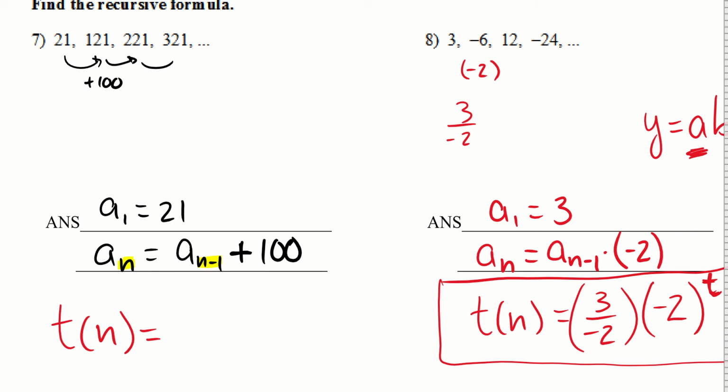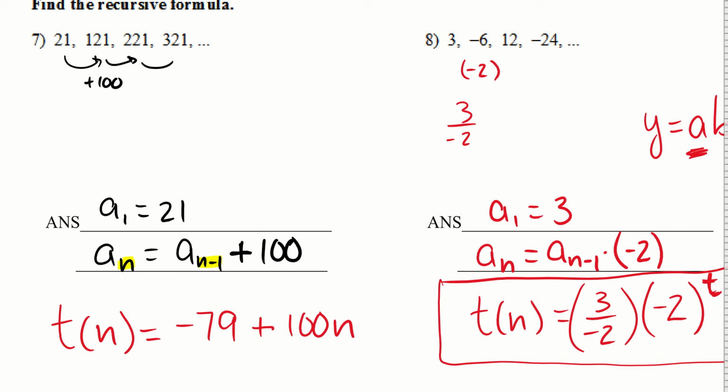That's just 21 minus 100. That's 80 and 1 less than that, right? So it should be 79. Why am I off the screen pressing calculator buttons? I don't know. It is 79, or negative 79. So my 0th term is negative 79. That's like my y-intercept. And then I could say plus 100 times n.